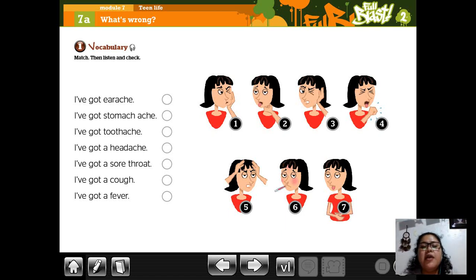For example, the first one that it says, I got an earache. Where is an earache? Well, your ear, you have a pain in your ear. So which one is it? This one will be number 3. Very good. Now, you're going to pause the video and do the exercise, okay? And then we're going to come back and listen and check answers, okay?